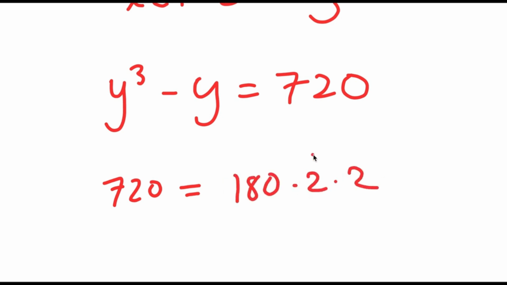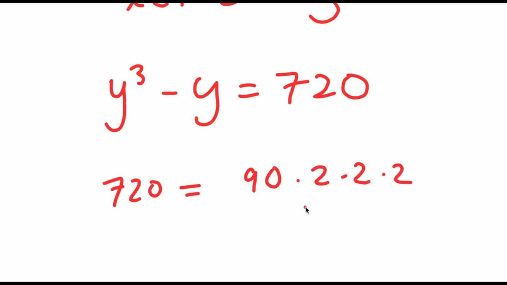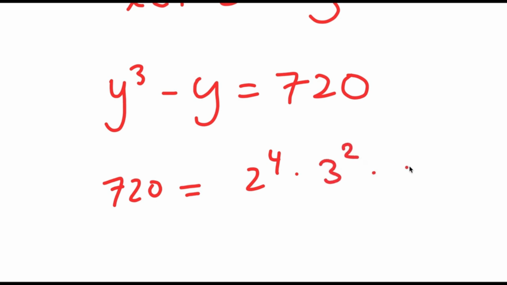So I have 180 times 2 times 2. And this is the same thing as 90 times 2 times 2 times 2, which is the same thing as 45 times 2 times 2 times 2. So I have 2 to the power of 4 times 45, which is the same thing as 9 times 5. Now 9 is the same thing as 3 squared. So I have 2 to the power of 4 times 3 squared times 5.